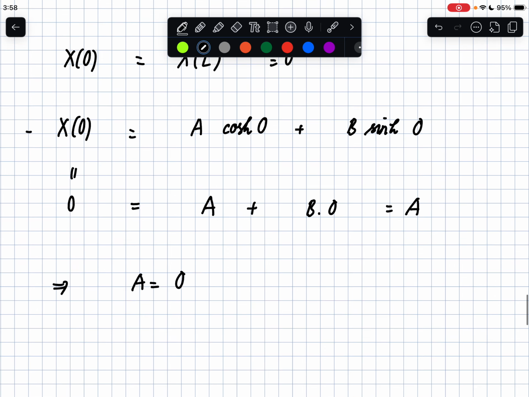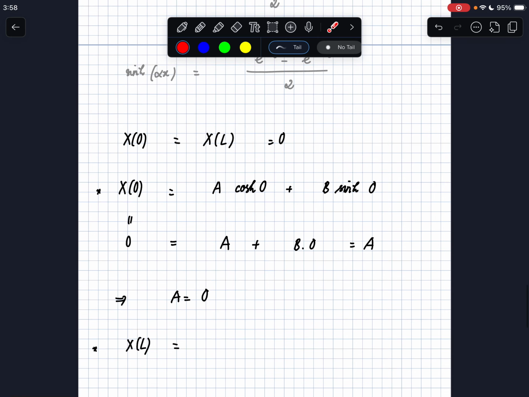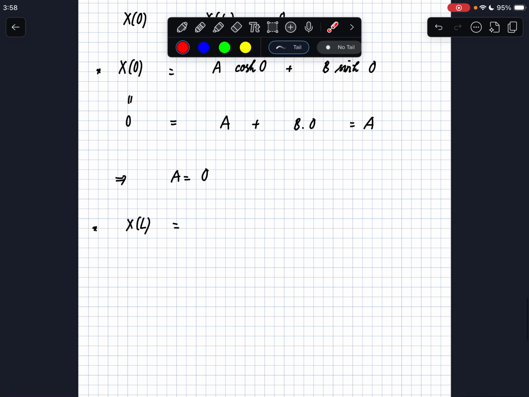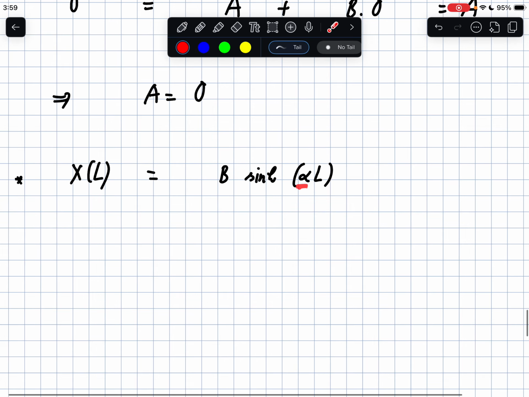And now we use the second condition, X at L. A is already 0, so these terms disappear. We have X(L) equal to B sinh alpha times L. Alpha non-zero, L non-zero, this hyperbolic thing non-zero.